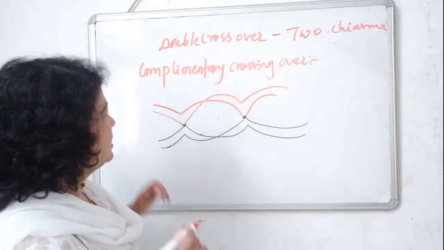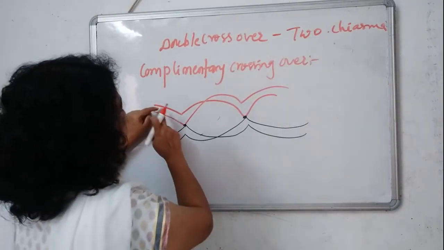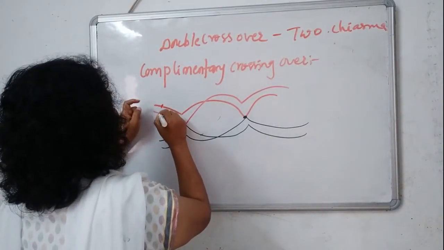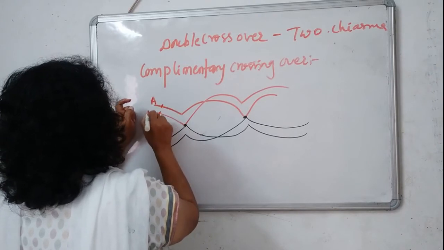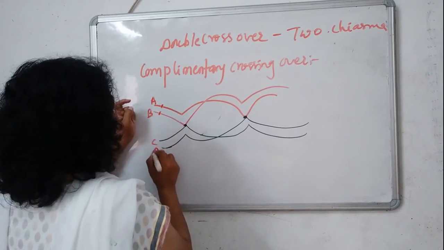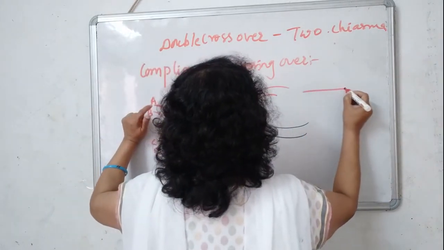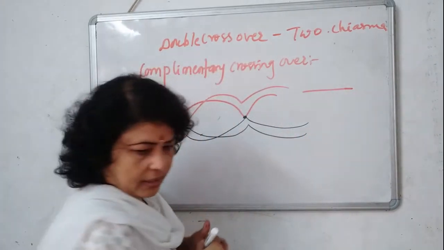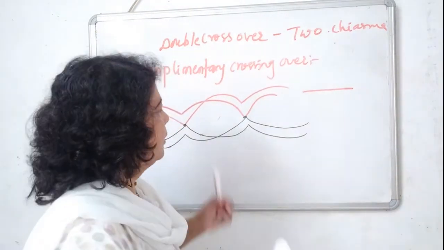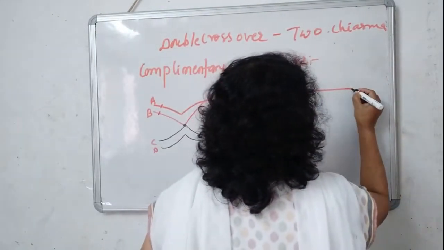So the resultants: first of all we will name them A, B, C and D. This one, A, has the long red part and the small black part.